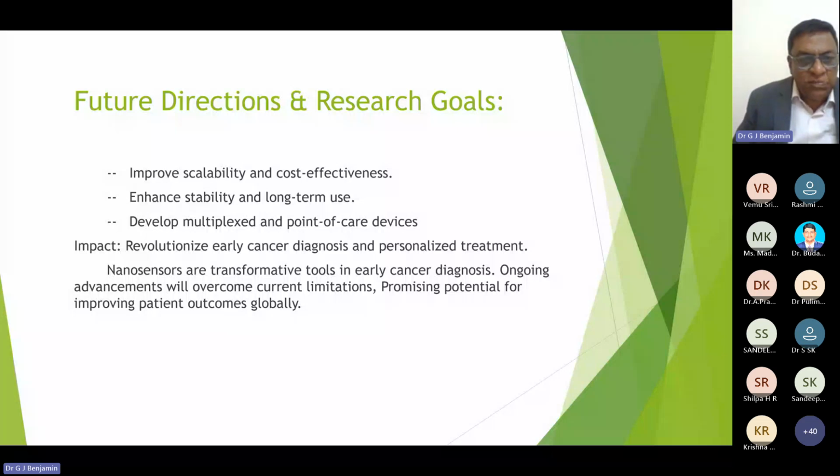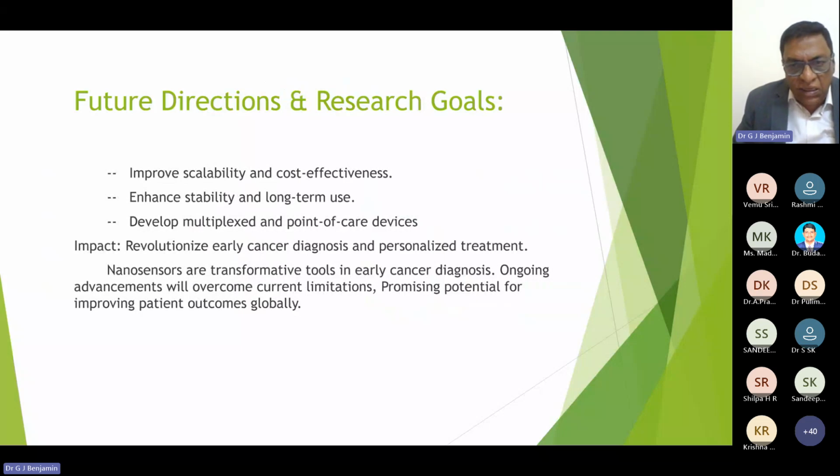The ongoing advancement will overcome current limitations, promising potential for improving patient outcomes globally. It has very great potential in future.